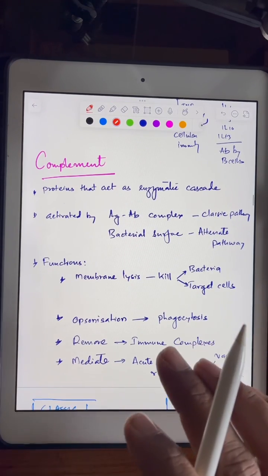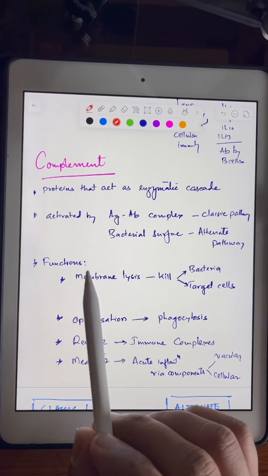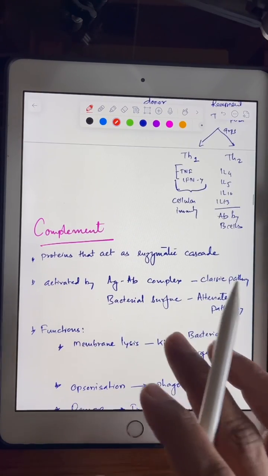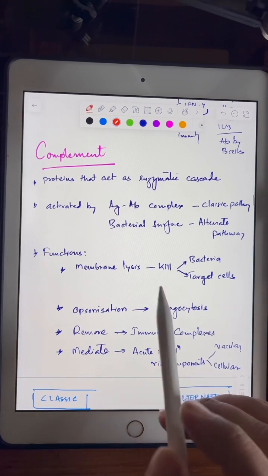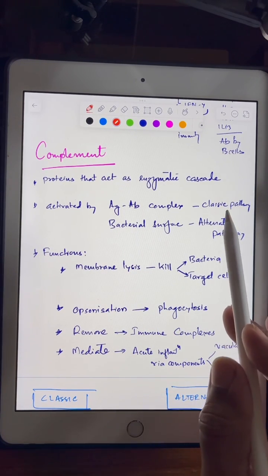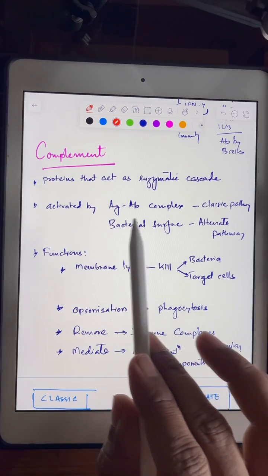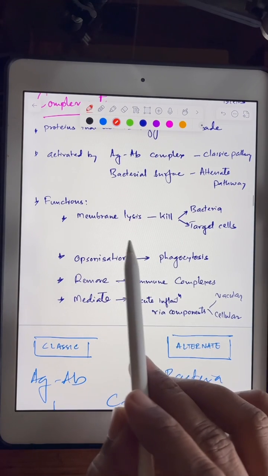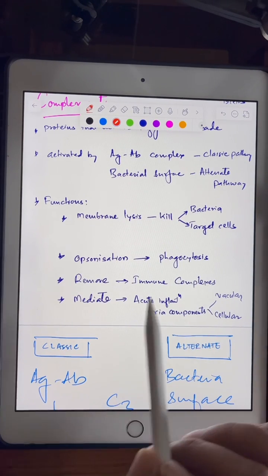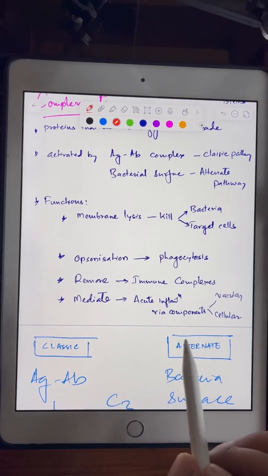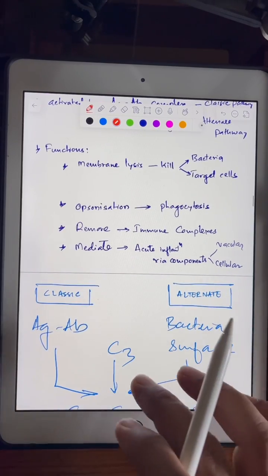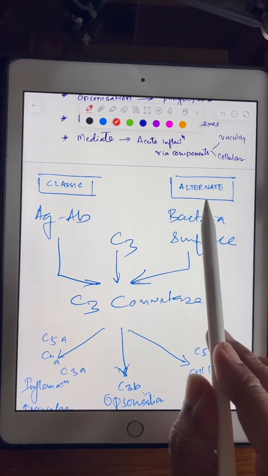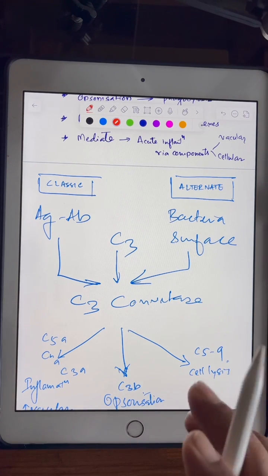Complements are proteins that act as an enzymatic cascade activated by antigen-antibody complex. There are two pathways: the classical pathway, activated by antigen-antibody complex, and the alternate pathway, activated by bacterial surface antigen via C3 convertase. Functions: membrane lysis, killing bacteria and target cells, opsonization, phagocytosis, removing immune complexes, and mediating acute inflammation via vascular and cellular effects.